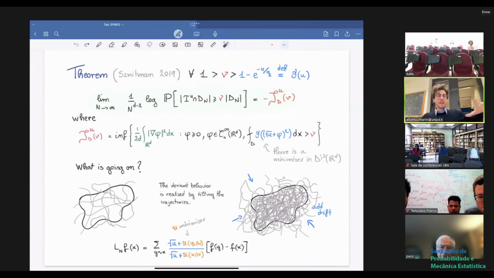So we add to each trajectory a certain drift to make the trajectory spend more time inside the set D_N. And each trajectory that was a random walk trajectory is replaced by a tilted random walk, where the tilting is given here, where phi is a minimizer. This adds effectively a drift that makes the random walks spend more time inside this set.